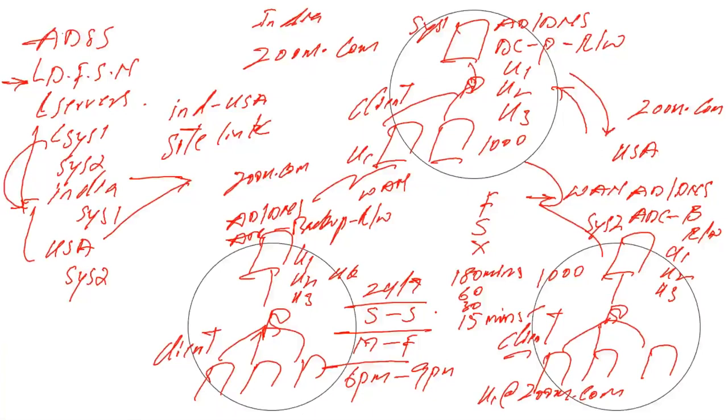Because whenever you go to an interview or the MCSA 411 exam, they ask this question: what are sites first, and second, when do we have to create sites? So give the answer. If there is a single domain in multiple sites, then we have to go for site configuration to save our internet line and to configure the replication schedule. If the servers are in a single site, we need not configure any site configuration, right? Any doubt?